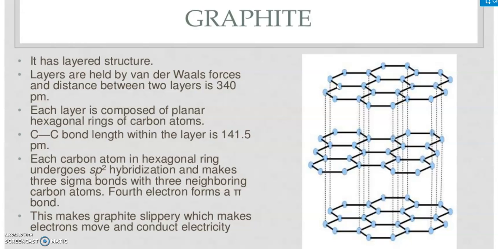Each carbon atom in a hexagonal ring is sp2 hybridized, that is, this carbon is sp2, this carbon is sp2, this carbon is sp2, and it is bonded with 3 neighboring carbon atoms, and the fourth electron forms a pi bond. This makes graphite slippery, and graphite will conduct electricity.